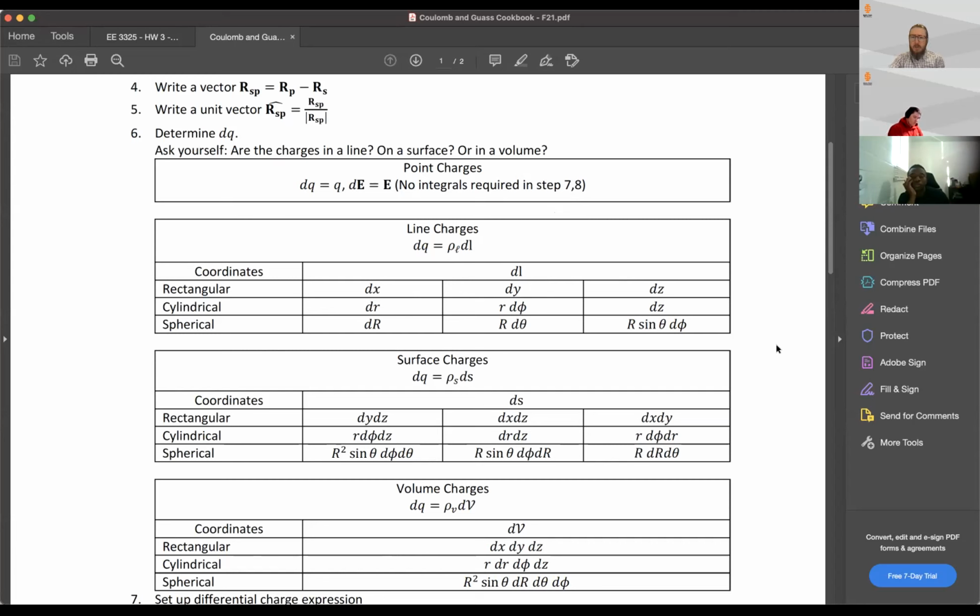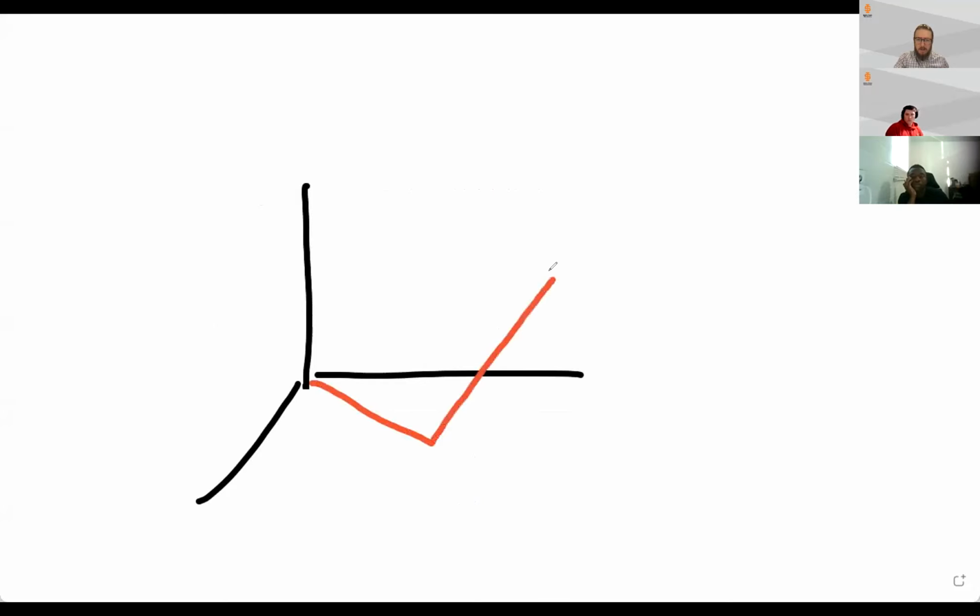Of course you could do something more, but we won't do that in this class. If your charge had something like this shape, and these are your charges, this is the line charge, then your dl would be a little more complicated.